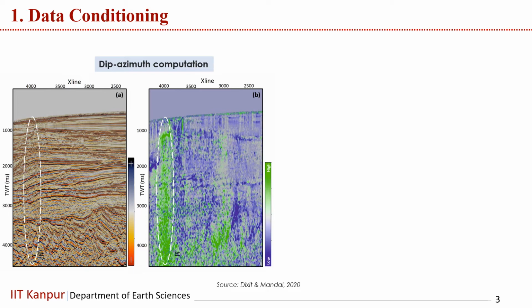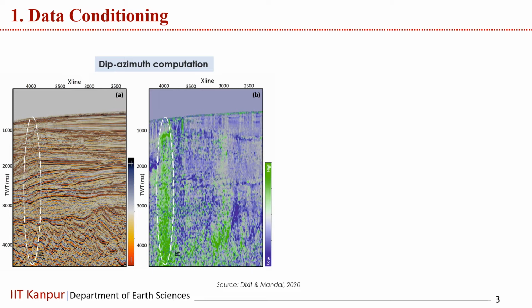And then later we applied the second segment of the data conditioning, which is structure oriented filtering. This image A is the original seismic data and B is the same seismic data after applying the filtering. And here you can see a significant change.